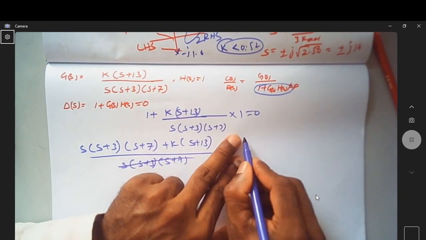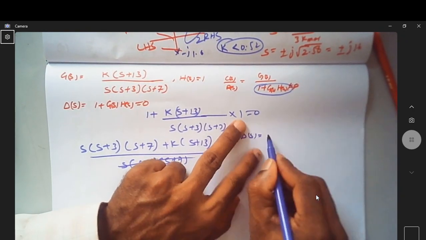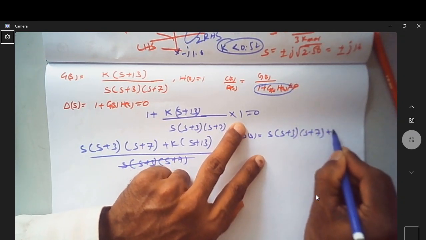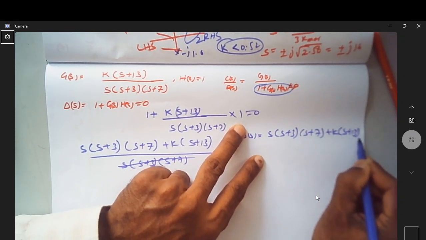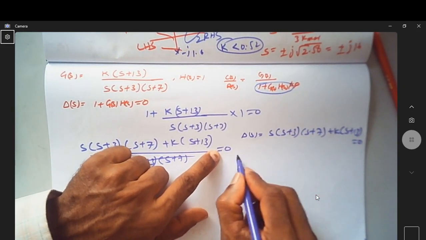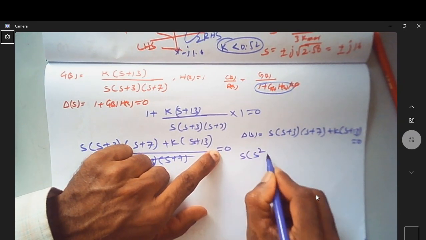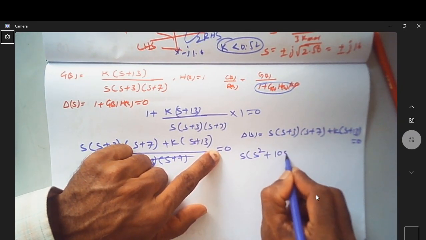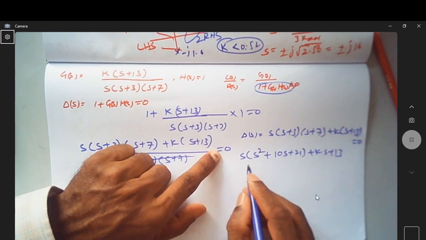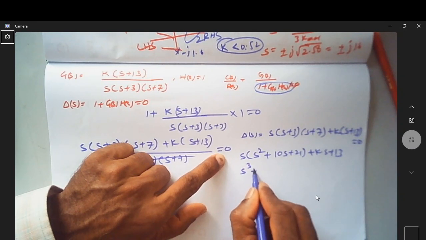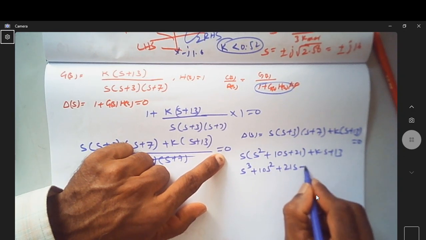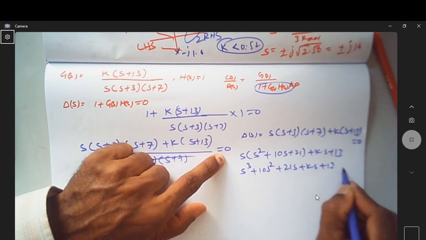Del of s is equal to s into (s plus 3)(s plus 7) plus k into (s plus 13) equal to 0. So we need to solve for this. Upon solving, is it not s cube plus 10s square plus 21s plus ks plus 13 equal to 0?